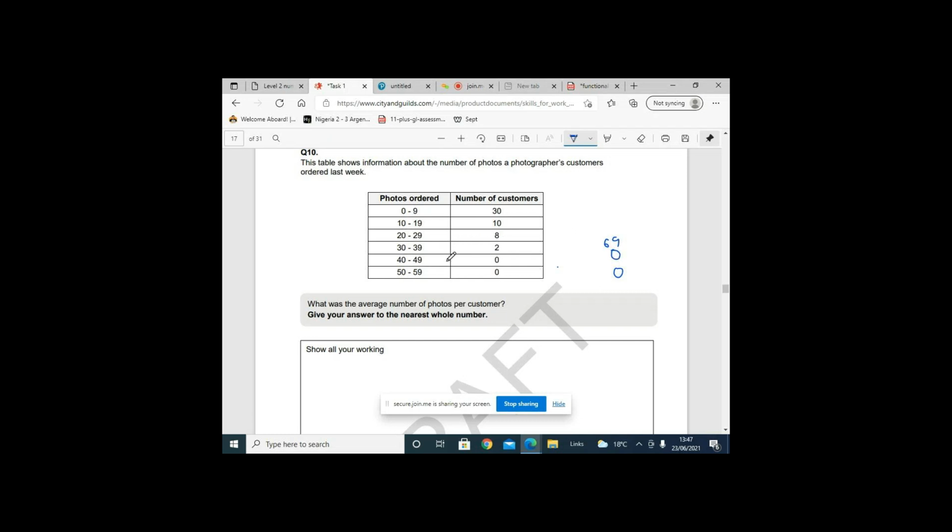When you multiply the midpoint, for example 44.5 or 54.5, by 0, what is 0 times 44.5? 0, yeah. What's 0 times 54.5? 0. That's it.